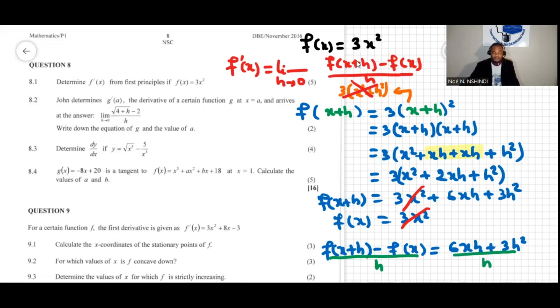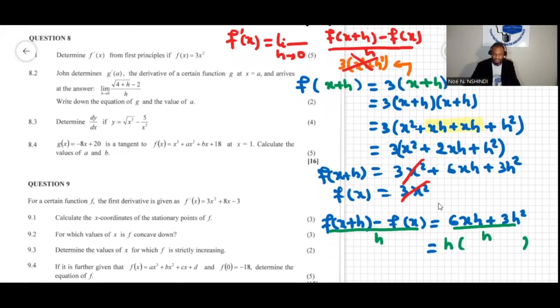Now we're doing that step by step. First of all, we work out f of x plus h and simplify it. Now we work the numerator, f of x plus h minus f of x, and then divide by h because it's divided by h here. We notice that at the numerator we have h as a common factor. Let me move my board a little bit up.